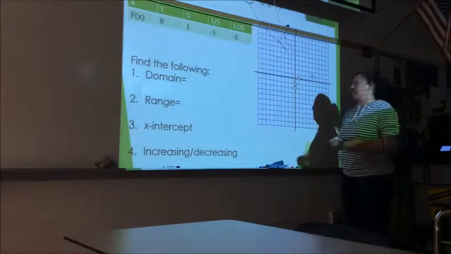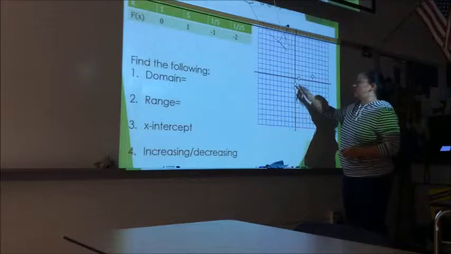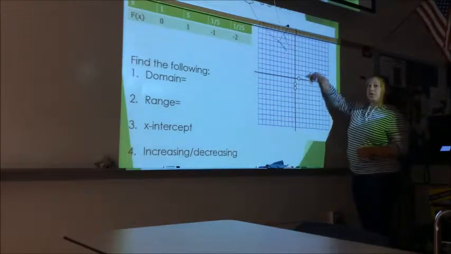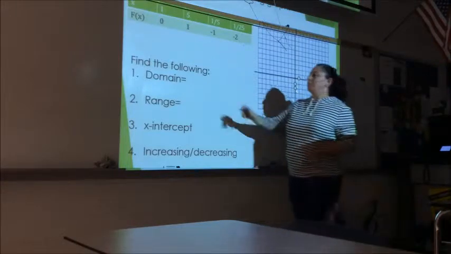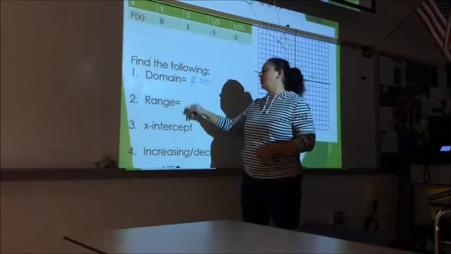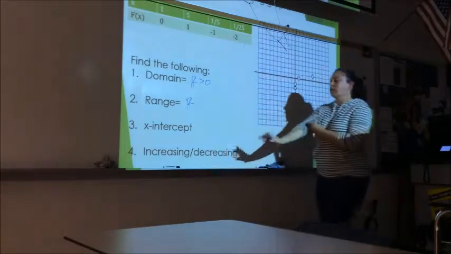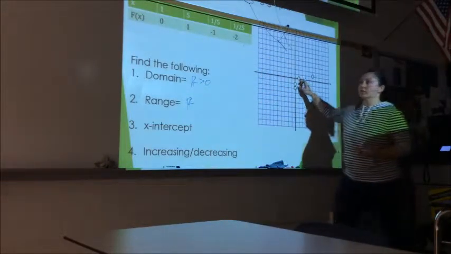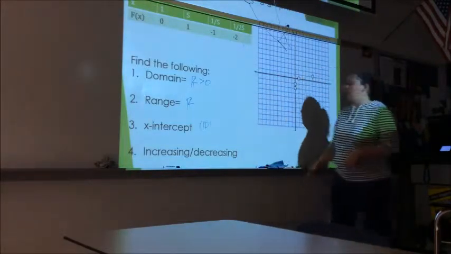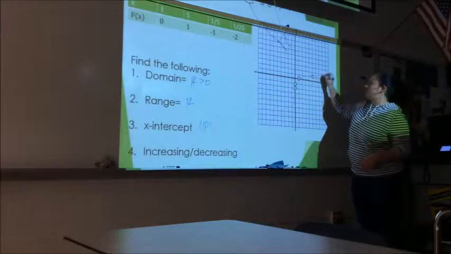Because we're going to have 0 as an asymptote here. These aren't actually touching the line. Your range is going to be all reals because it's going to go on forever up and down. So this is going to be reals greater than 0. This is going to be all reals. Your x-intercept now is at 1, 0. That's that specialty point. And it is an increasing graph, as you can see it going up.